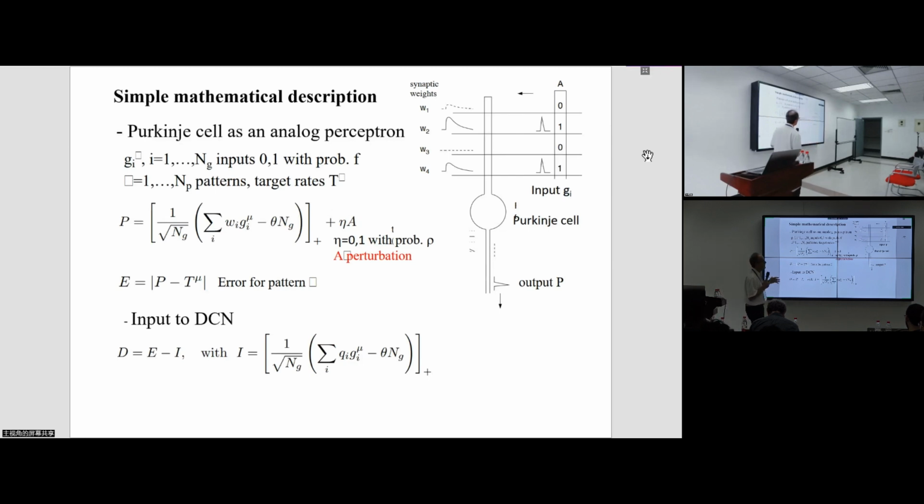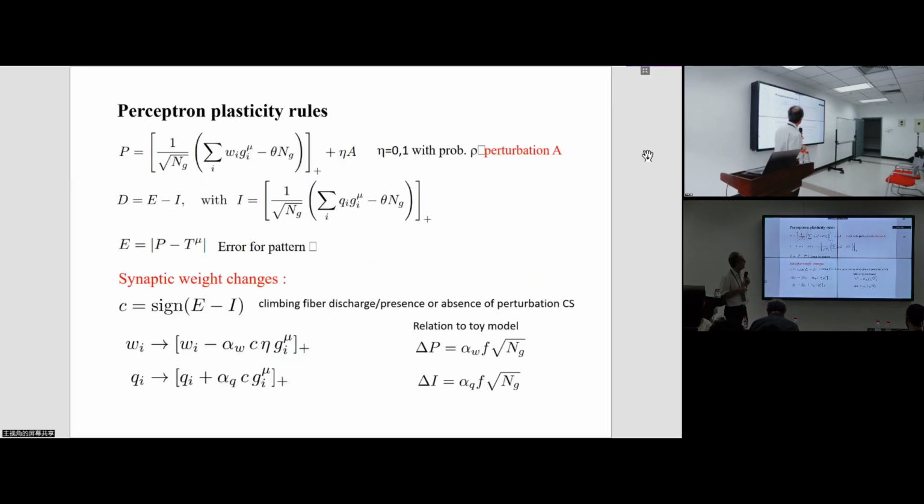What you want is to associate some input here to some output there, and a few of them, so you can do that. And again, you would have exactly the same plasticity rule as before. You would perturb the cell output with some value A, for some of the trials, with a probability rule.